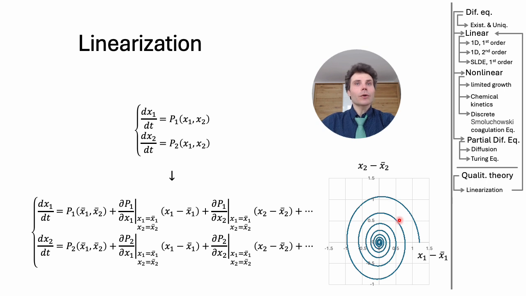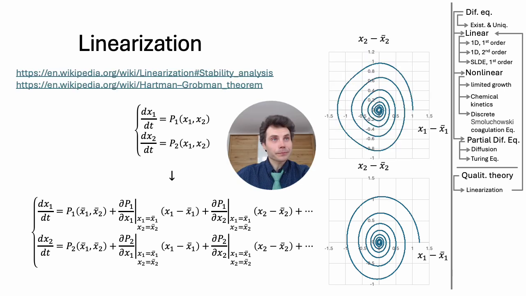Good. So for this case, there is a theorem which you can see, for example, in the following Wikipedia article, or in some books that I recommended previously. See here, stability analysis and Hartman-Grobman theorem.